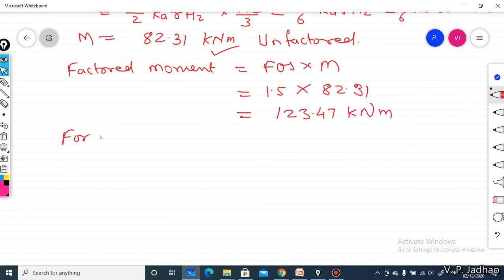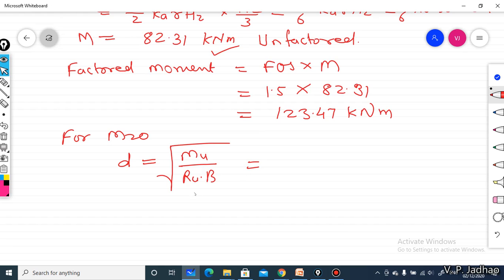Now we have to check whether the depth provided for this stem wall is sufficient or not. So for M20 concrete, we already know the effective depth small d is equal to square root of Mu divided by Ru into b.